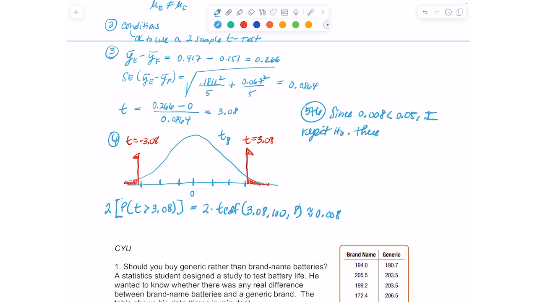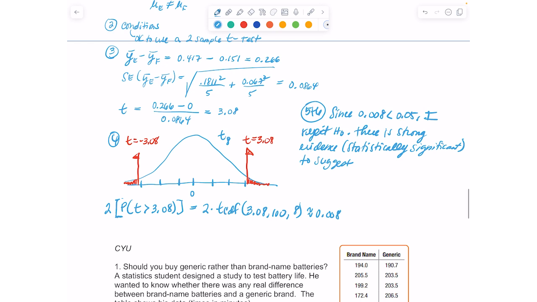And anytime you reject a null, you could say there is strong evidence, there is statistically significant evidence, to suggest what?